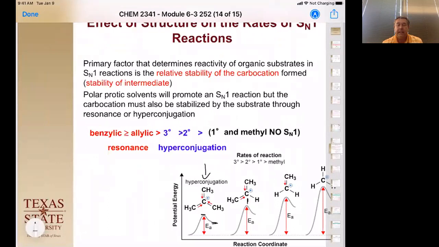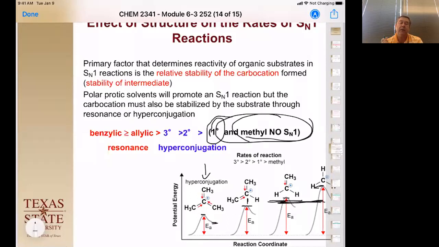Because this isn't as stabilized, we have a higher activation energy, and therefore it's a slower reaction. And by the time you get to a methyl, these are so high that you probably can't add enough energy to the system to get them to go very much at all. So the primary might go a little bit, but methyls don't undergo it. I would just say methyls and primaries don't undergo Sn1 reactions.